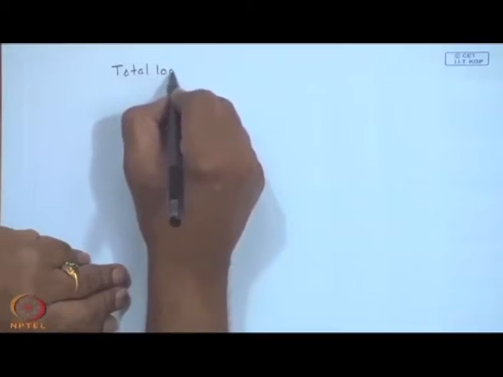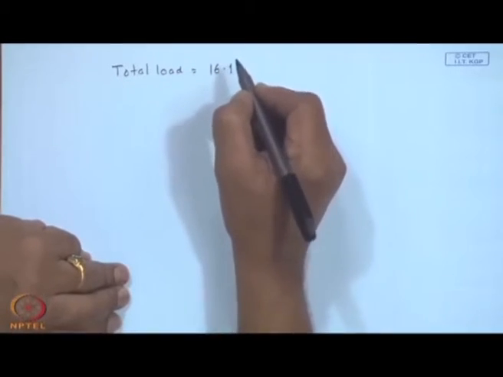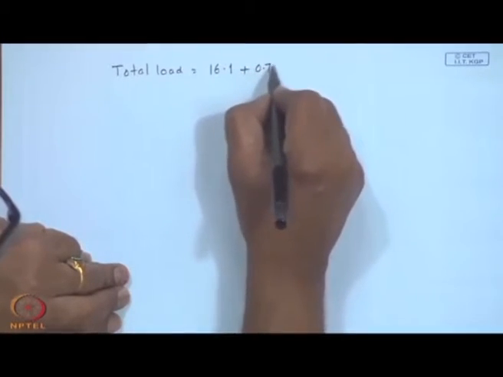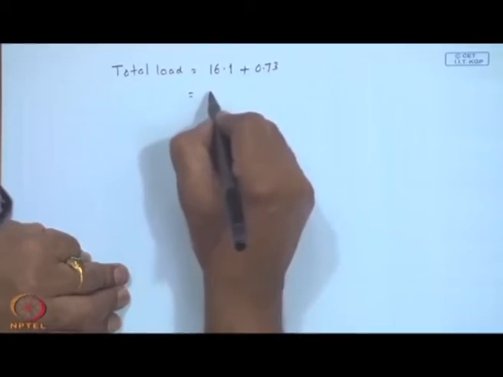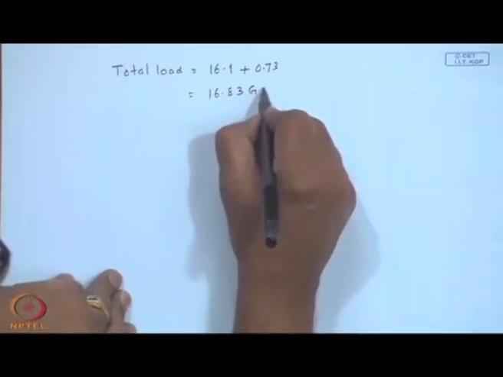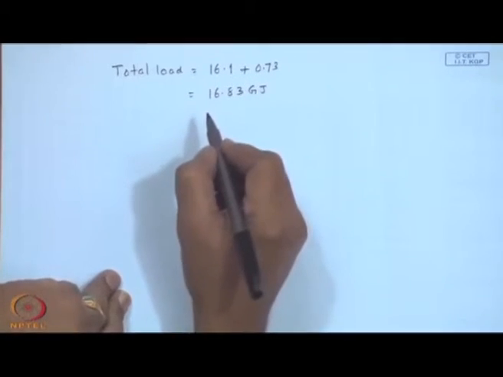Now the total load is 16.1, that is the original process heating load, plus the tank loss 0.73, which will be 16.83 gigajoules instead of 16.8 if we had not included the heat exchanger.